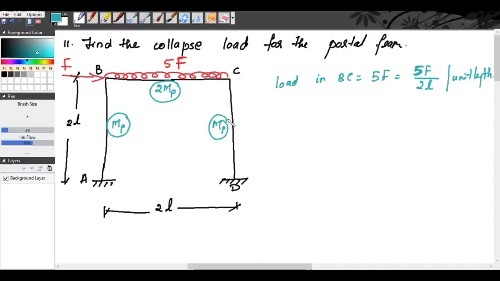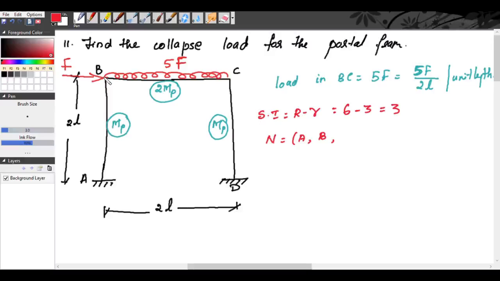Now you can proceed as usual. Your statical indeterminacy is equal to R minus R. There are 3 unknowns at A, 3 unknowns at D. So it is 6 minus 3, which is 3. The number of possible plastic hinges: there is a possibility of a plastic hinge at A, a plastic hinge at B, then under BC where the maximum bending moment occurs.